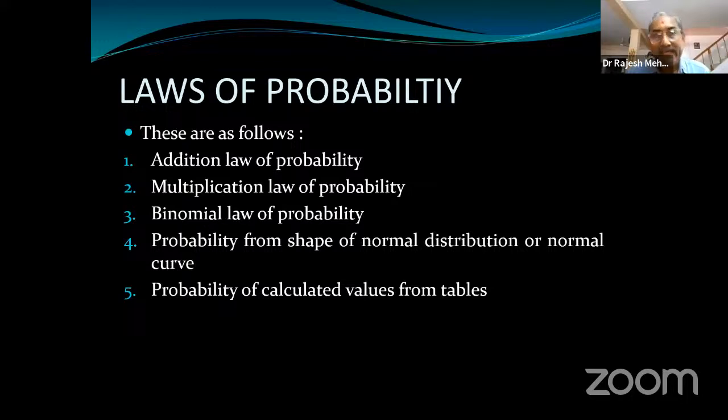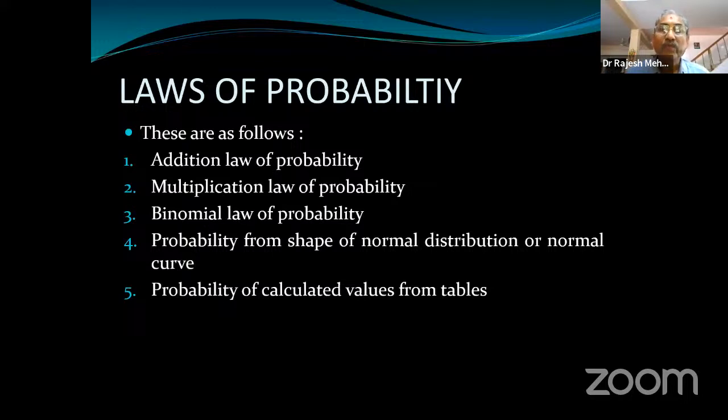Then we can directly find out from the normal distribution curve what the probability will be. Here, we are using the p-value. When we say that in the normal distribution curve, it is at the end, beyond the 5% together, then we say that the probability is less than 0.05. 5% is equal to 0.05.